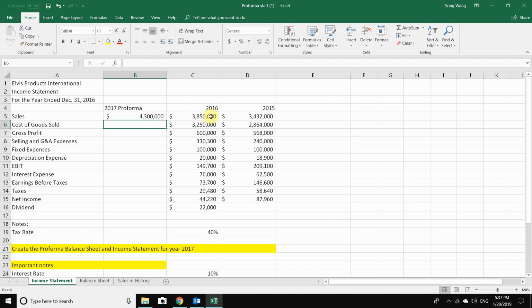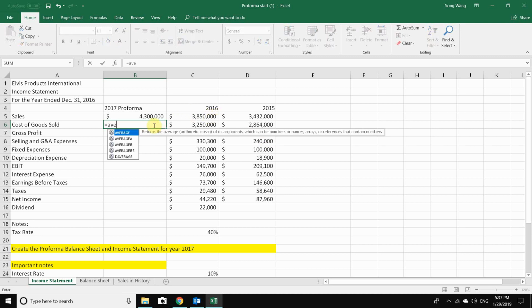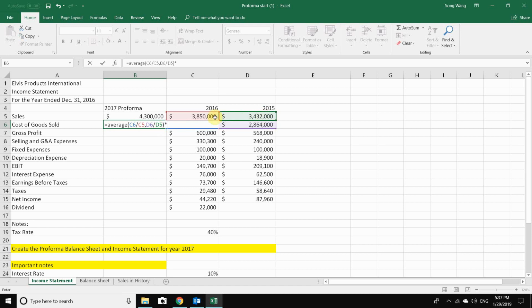It's the same for 2016 and also 2015. So I'm going to take the average of the same ratio of 16 and use a comma to separate this ratio of 2015, all right, and then multiply by the sales in the new year, okay?